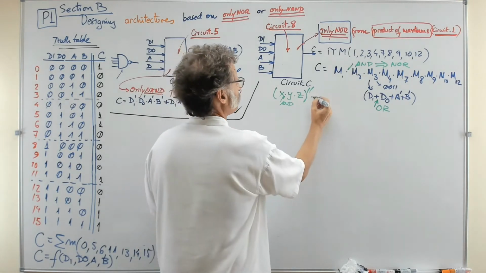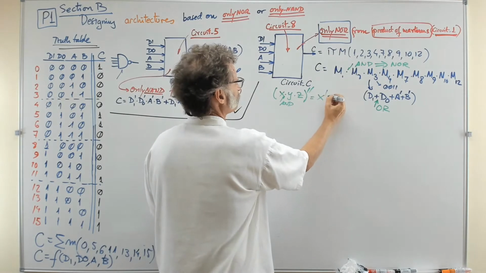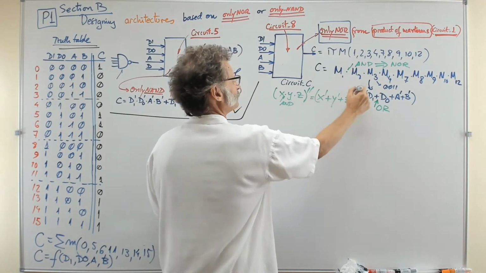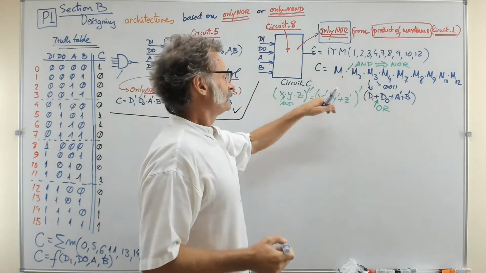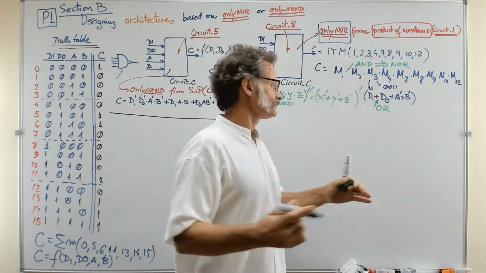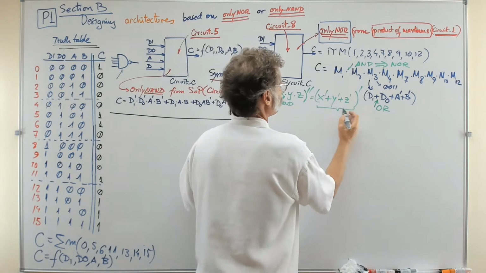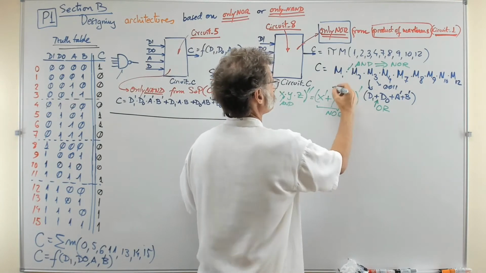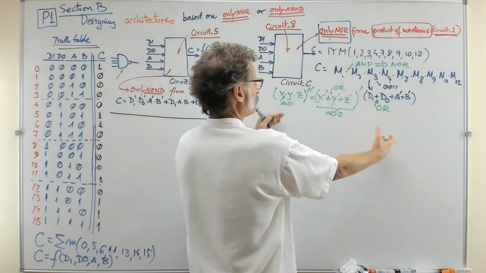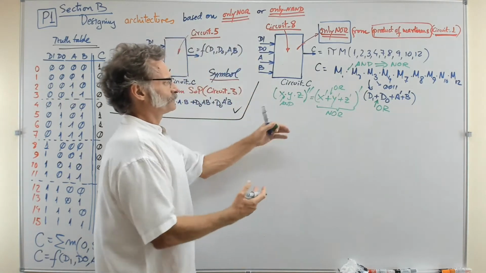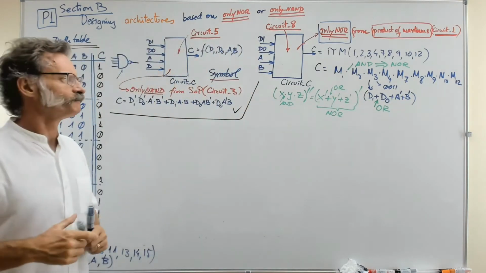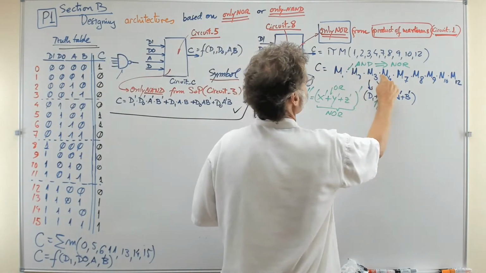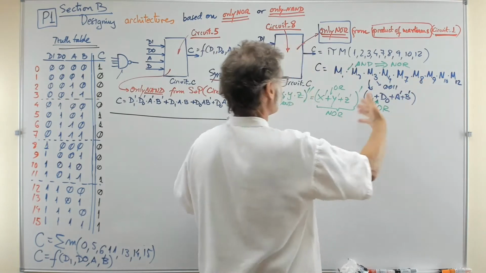So now this is X naught or Y naught or Z naught, and there is the final inversion here that is going to give you the idea of a NOR, because that's the NOT OR. So this is the transformation that we will apply here to transform all these products, all these ANDs, into ORs.